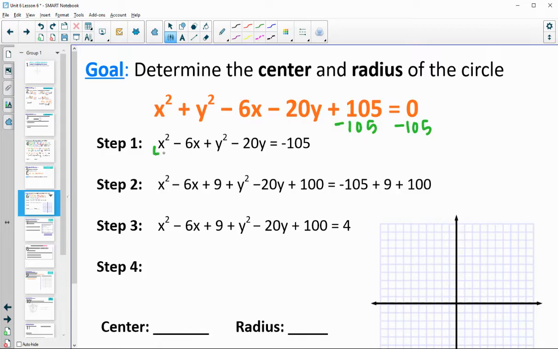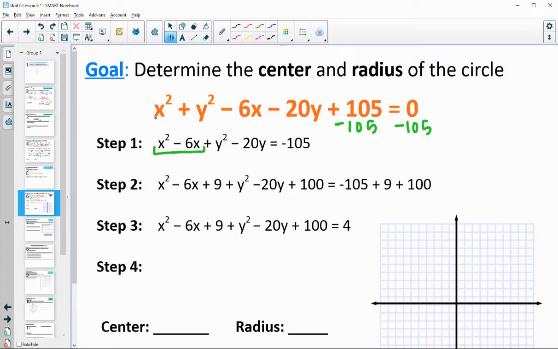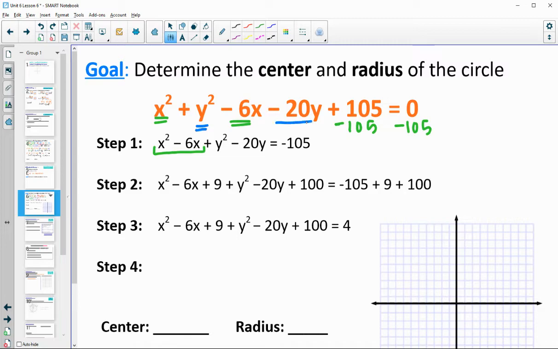And she put the like variables together. So she just rewrote with the x's next to each other. So said x squared minus 6x. Okay, just put those next to each other. Got the y's next to each other here. Okay, and then brought that 105 to the other side. So subtracted 105 to both sides.